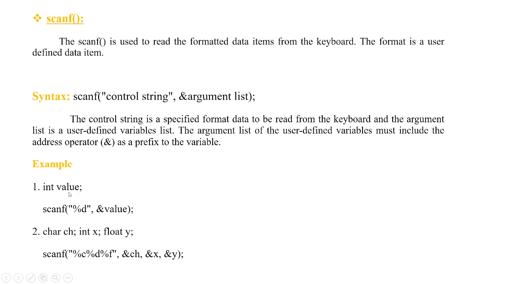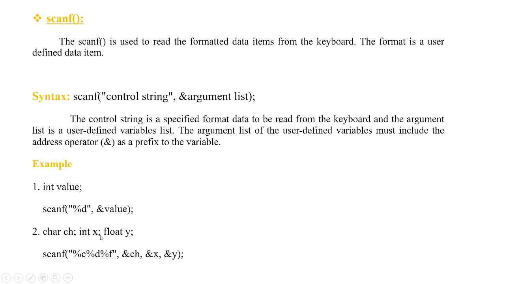Say for example, there is an integer variable, and the name of that variable is value. So I'm asking the user to enter an integer value, and by using scanf through this control string, as it is an integer, I have used the control string %d. Whatever the integer value is entered by the user is saved, through this control string, in the address of value.